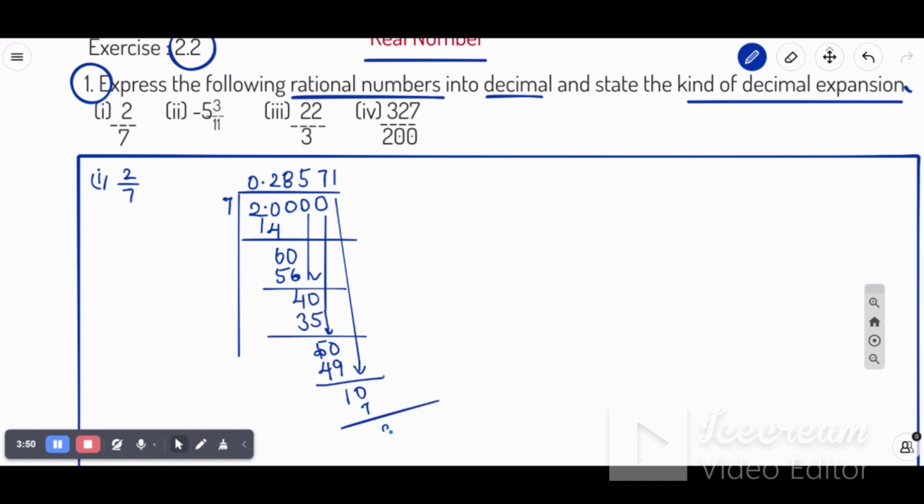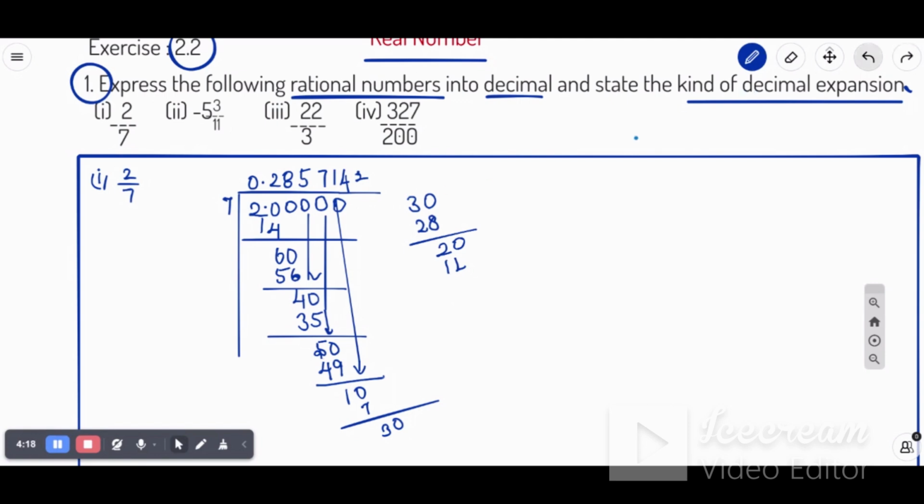Then I get a 3 here. I'm taking this 3 here. 30. 7 fours are 28, right? And then I get a 20 here. We add one more 0. 20 here. So 2 sevens are 14, 3 sevens are 21. So let us start with 14.